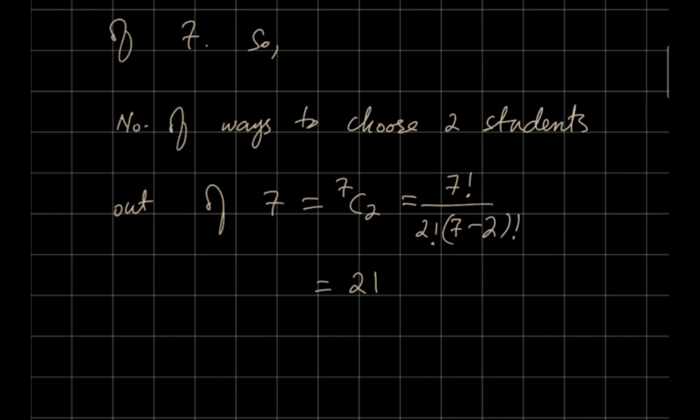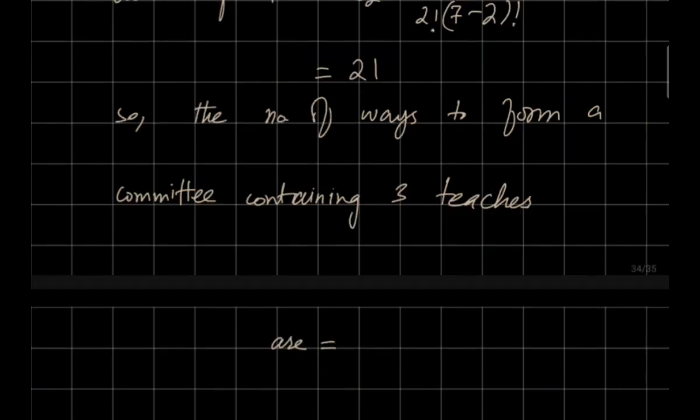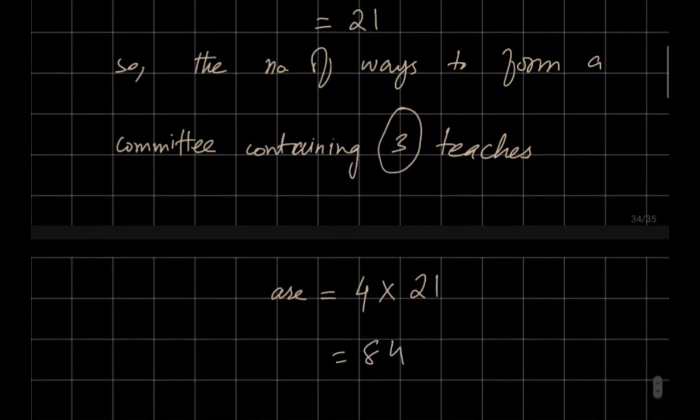The answer of the first case can be obtained by the product rule of counting, because in one part we have chosen 3 teachers out of 4, and in the other part we have chosen 2 students out of 7. So the number of ways to form a committee containing 3 teachers is the product of the previous 2 results. The first result is 4, the second one is 21, so its answer is 84.